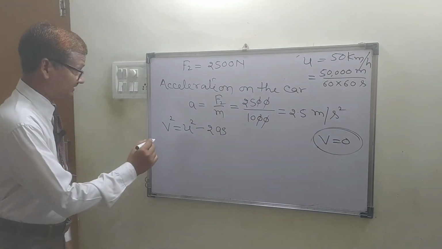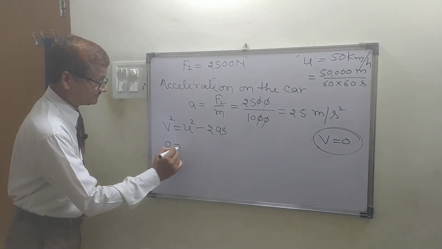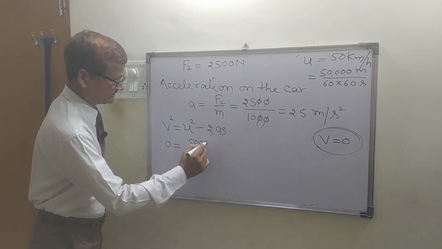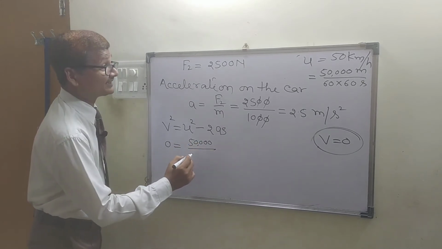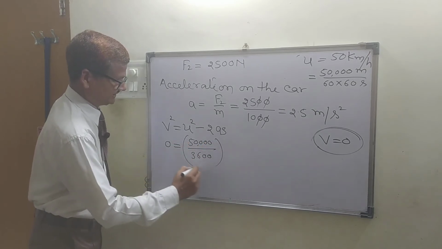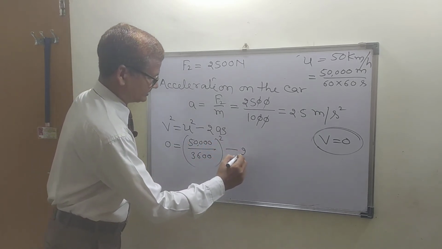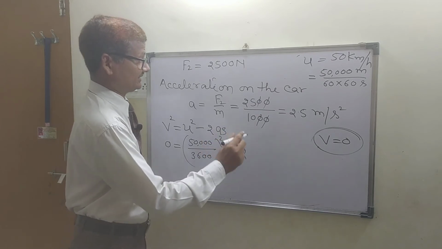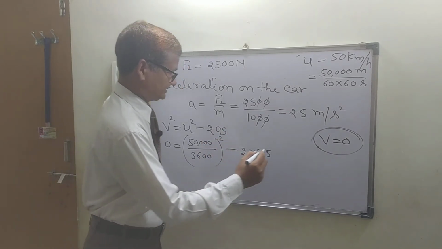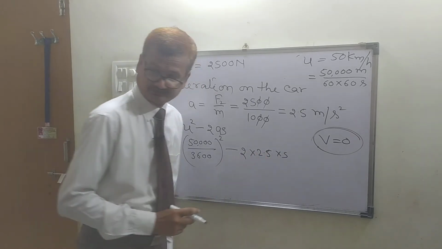Substituting the final velocity, 0 is equal to u square, that is 50,000 upon 3,600 second whole square, minus 2 into a, which is 2.5, into s.